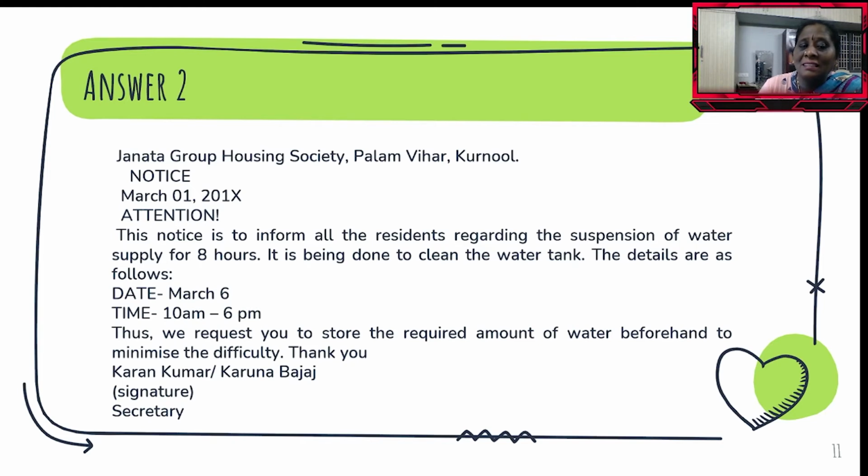Then the details, date, time, and then one sentence saying, we request you to store the required amount of water beforehand to minimize the difficulty. And then, thank you, the name of the secretary, designation, and the signature.